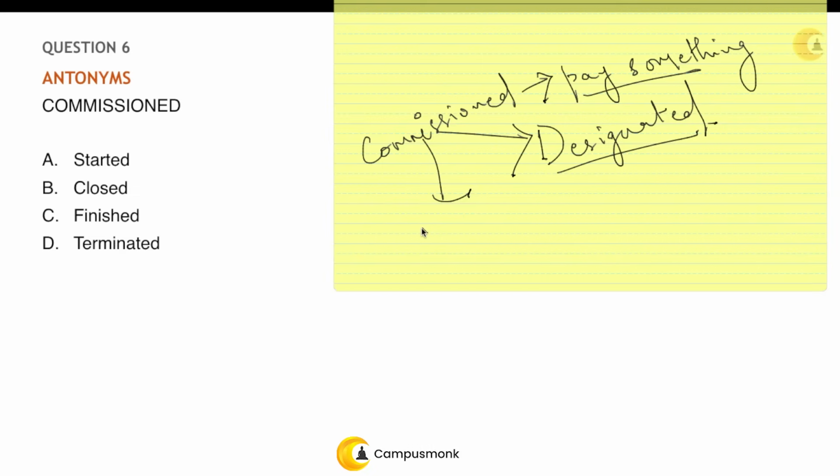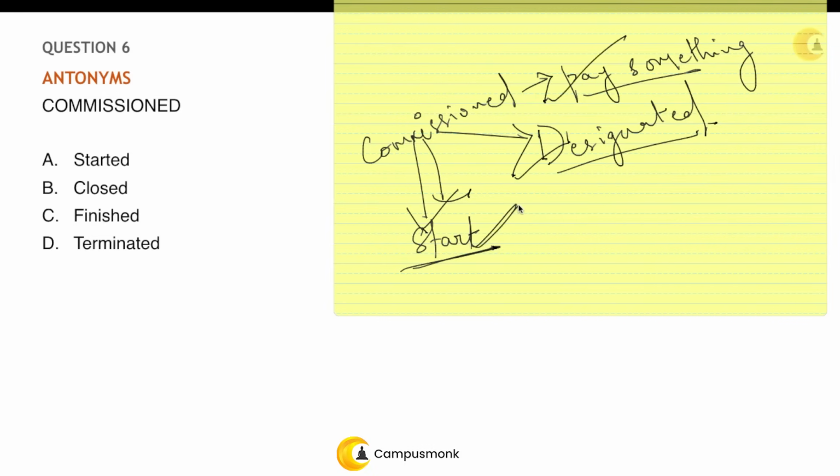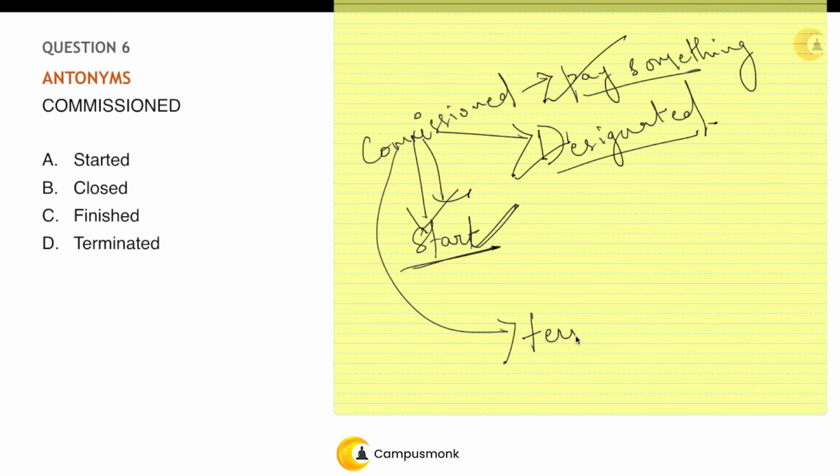So the term commissioned actually means that it starts, to start. That is what commissioned means. Whenever you're commissioned, whenever you're designated, whenever you're paid to do something, your work starts. So what will be the opposite of start? It will not be closed, but the major word used is terminated or cancelled.